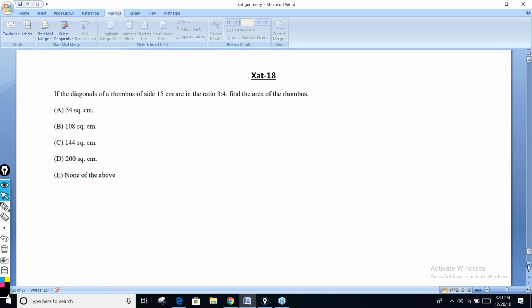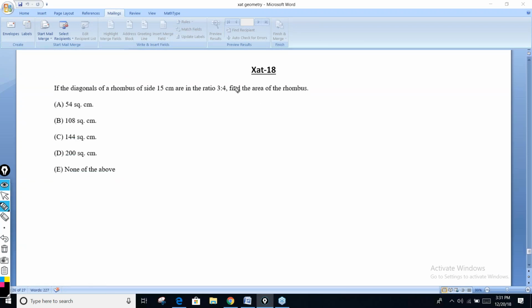Okay, now it's the XAT paper, and there were only 2 questions in XAT 2018, and that was again a very easy question. If the diagonals of the rhombus of side 15 centimeter are in the ratio of 3:4, and we know the diagonals of a rhombus bisect each other at 90 degree, right? So half of the part will also be in the ratio of 3:4.